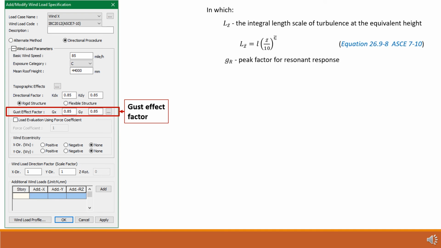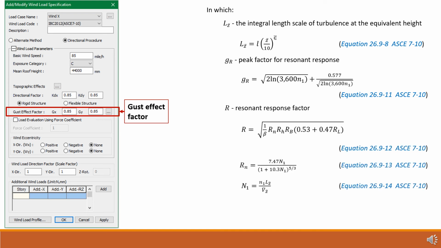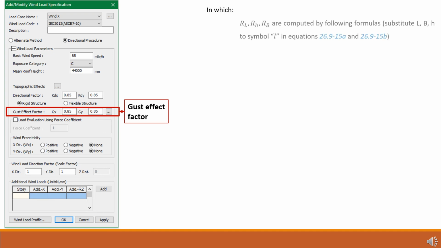Peak factor for resonant response. Resonant response factor. RL, RH, RB factors.